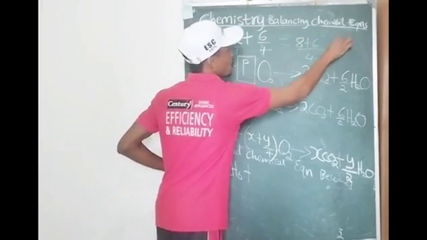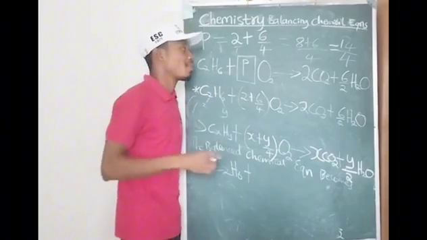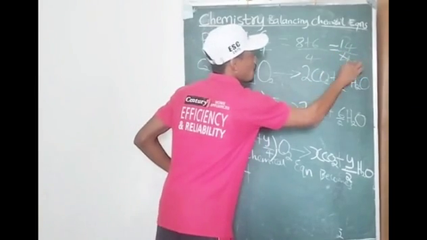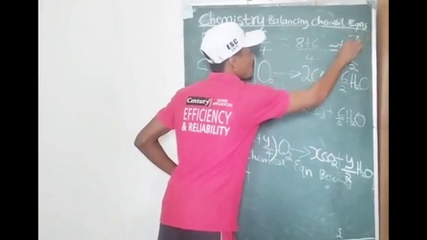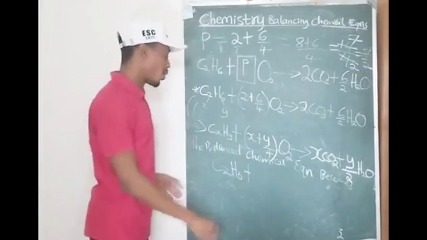So this gives you 14 all over 4. 2 goes here, and 2 goes here, 7. So that gives you 7 all over 2.